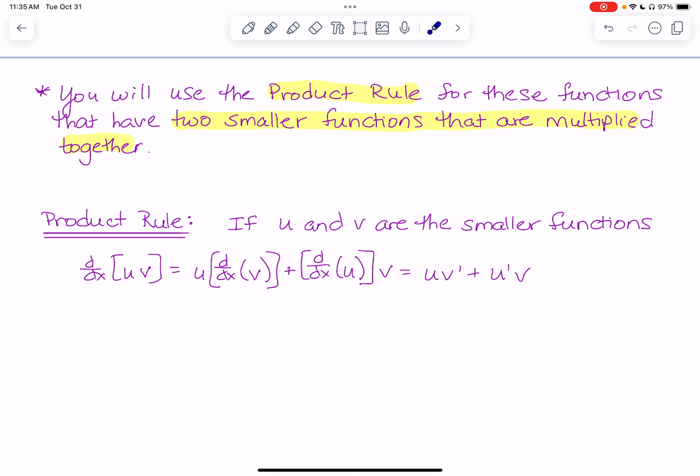I can also write this as u times v prime, added to u prime times v.